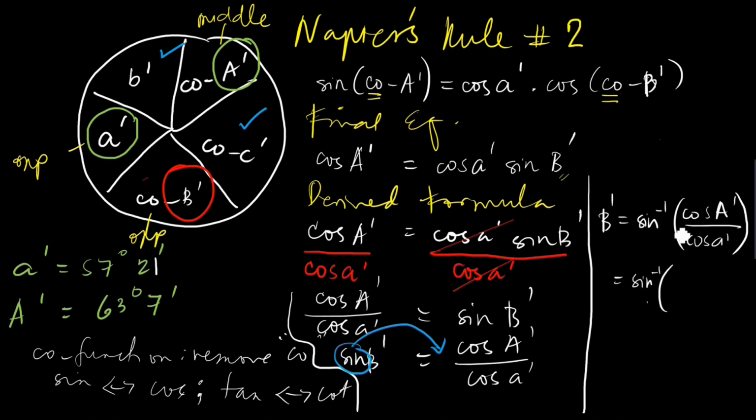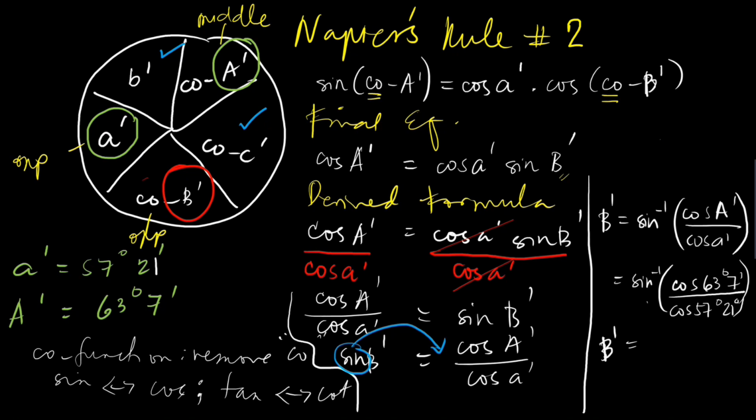So we have cosine. Our big A is 63 degrees and 7 minutes, and then our small a is 57 degrees and 21 minutes. So the measure of our big B prime, let us input it in our calcu.